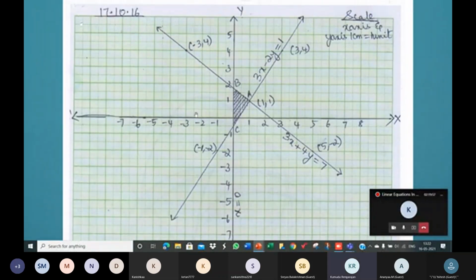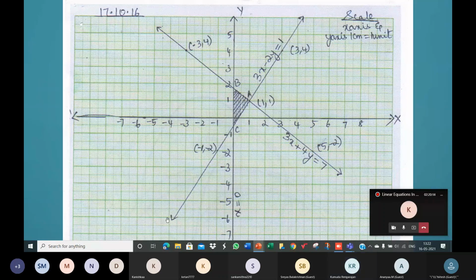So like this, children. We'll see how to make the table. You can see we have plotted the 3 points. We have written the equation there. At the address of the 3 points, you can see this is the other line. We plotted 3 points, and that's how we got this line.